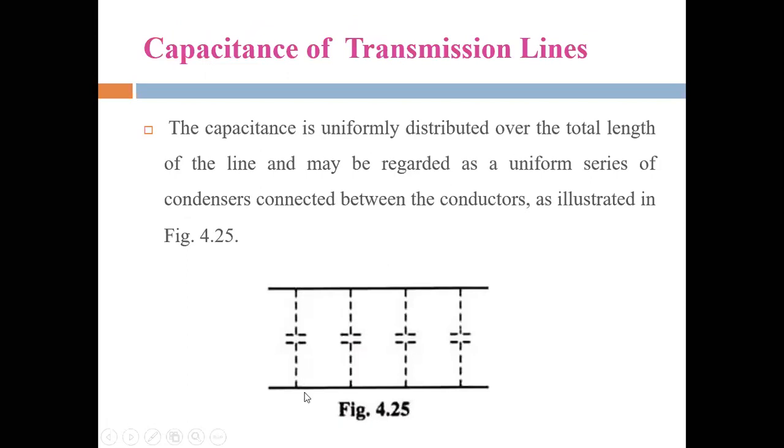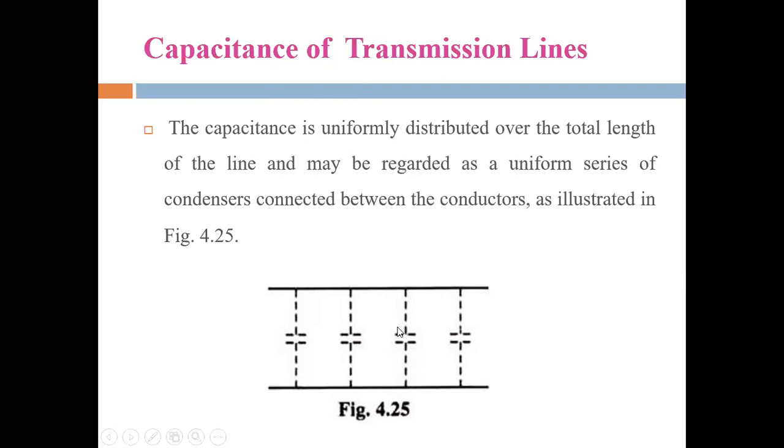This is one conductor and this is the other conductor. This conductor acts as one plate of a capacitance and this conductor acts as another plate. The capacitance is uniformly distributed over the total length of the line, and may be rearranged as a uniform series of condensers connected between the conductors.